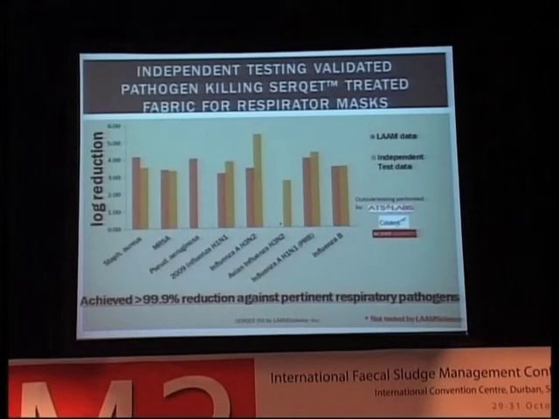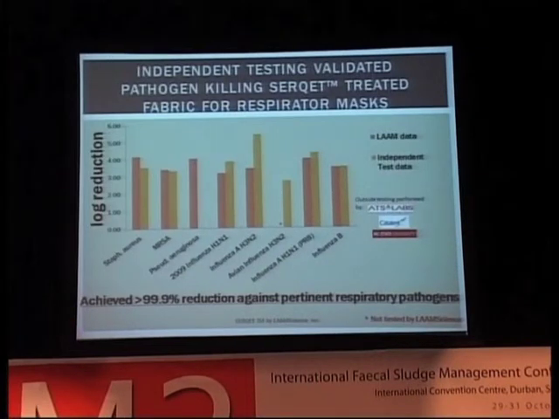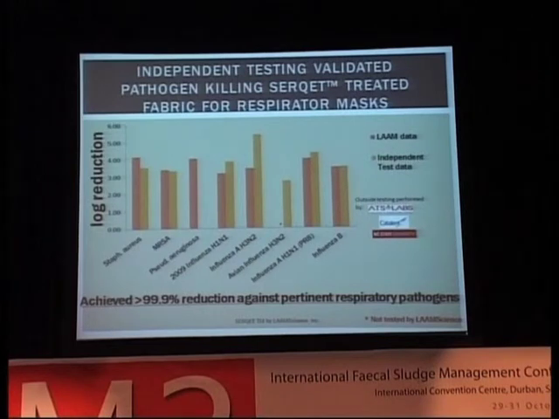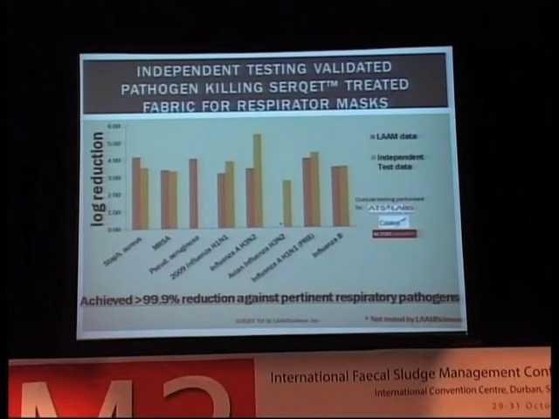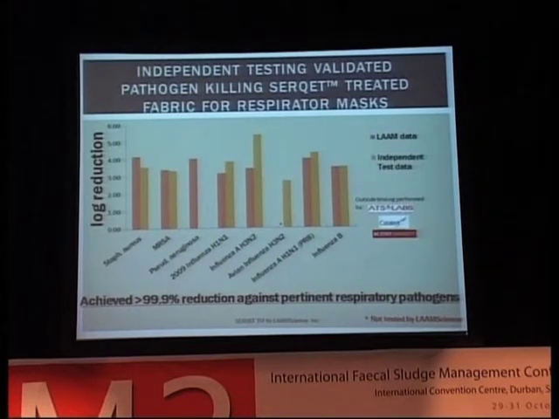We, as well as independent laboratories, have performed quite a number of testing, and as the graph here shows, testing staff, MRSA, or like the last problem we had with the swine flu, H1N1, here we are very effective with our technology, and in most cases we are nearly 4-log reduction.